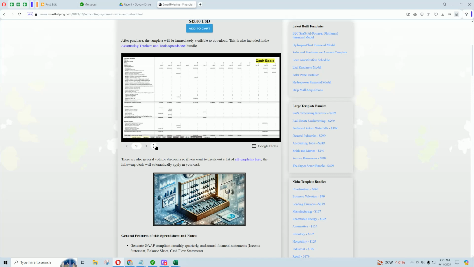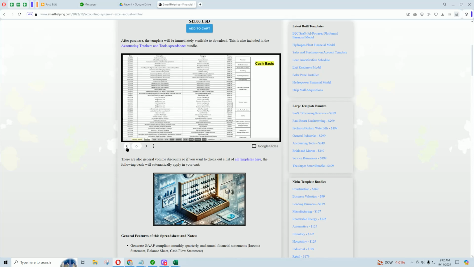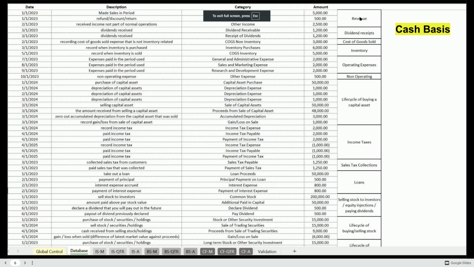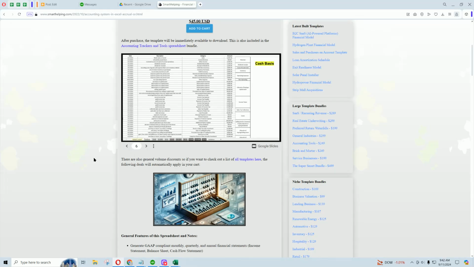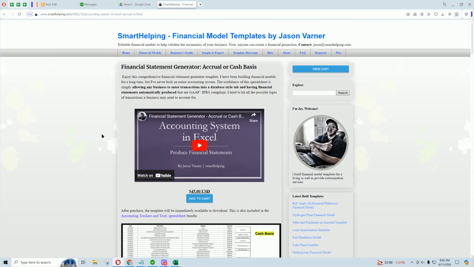Automated monthly, quarterly, and annual financial statements. That's income statement, balance sheet, cash flow statement, and a transaction log that you can enter your transactions in. All kinds of stuff. If you want to see all the different things you can do or deal with, there's a lot here. It would fit most situations. So that's a pretty nice accounting tool.